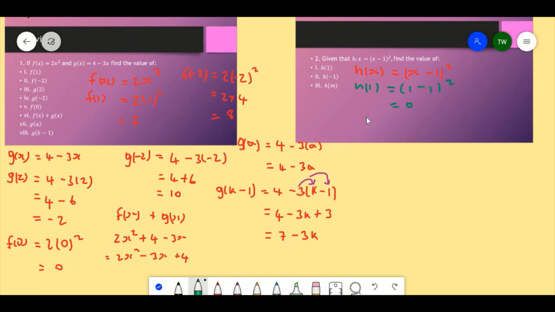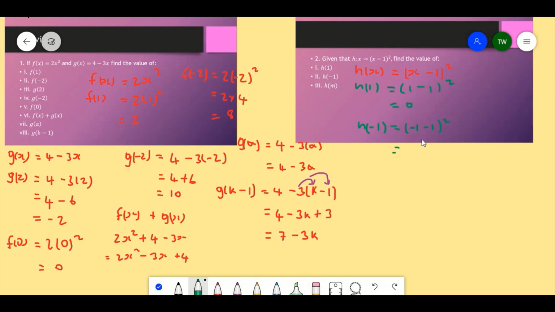Also asked to find h of negative 1. So h of negative 1 is going to equal to open bracket negative 1 minus 1 all squared. Now, simplify this.